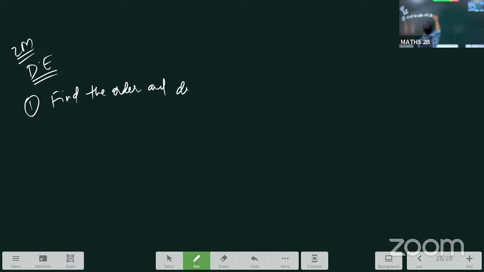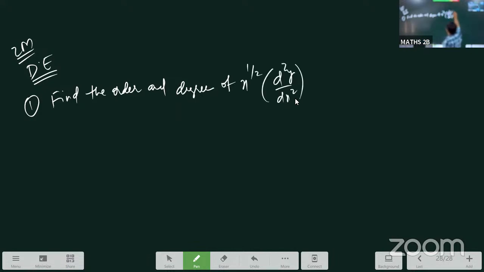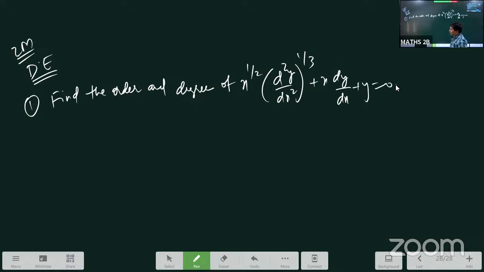Two marks of DE. First one, find the order and degree of x power 1 by 2 d square y by dx square whole power 1 by 3 plus x dy by dx plus y equal to 0.